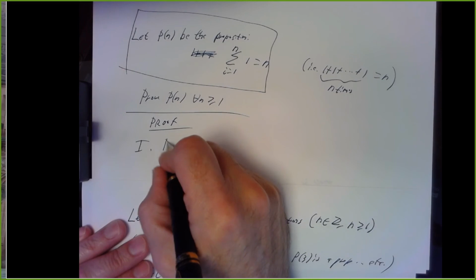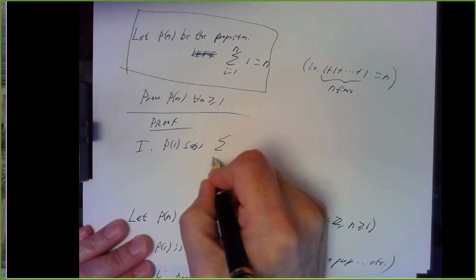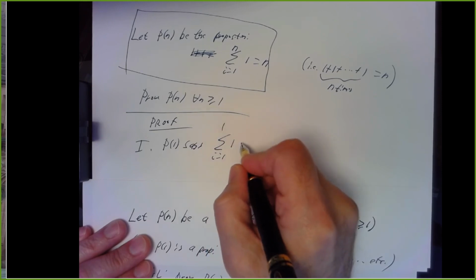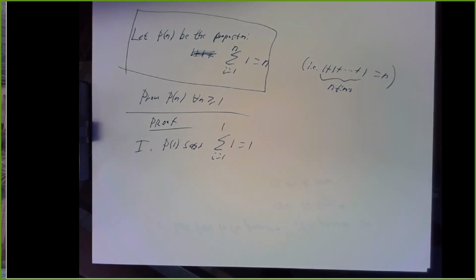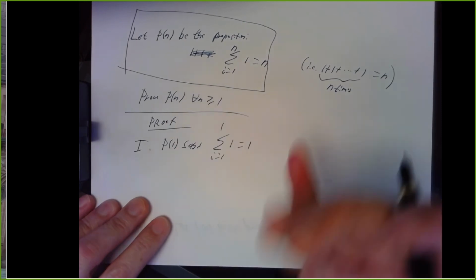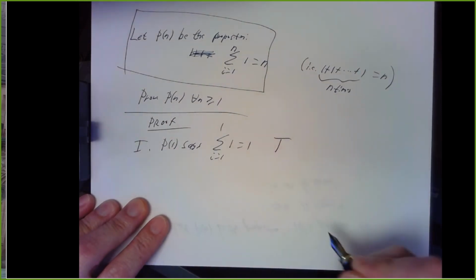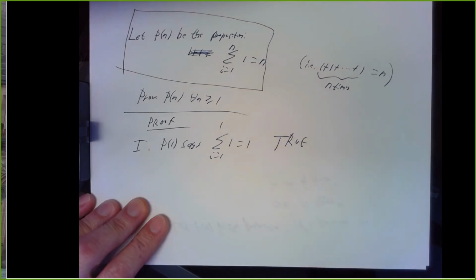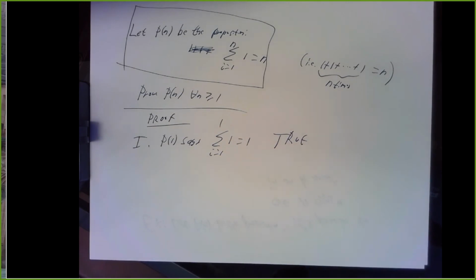Okay, so P of 1 says the sum from i equals 1 to 1 of 1 is equal to 1. Well, the sum from i equals 1 to 1 of 1 is just 1, and 1 is equal to 1, so I'm just going to say that's true. That's just a calculation, and we can see that that side's equal to that side.